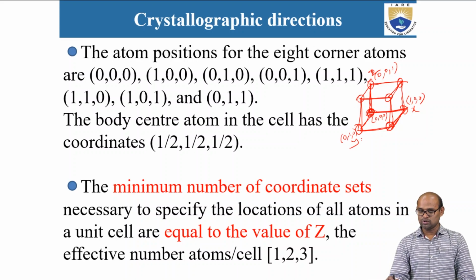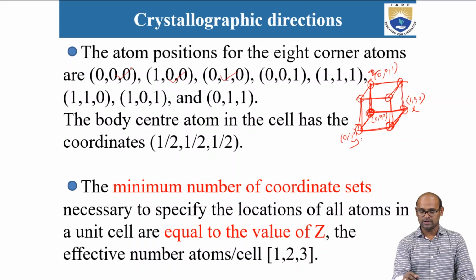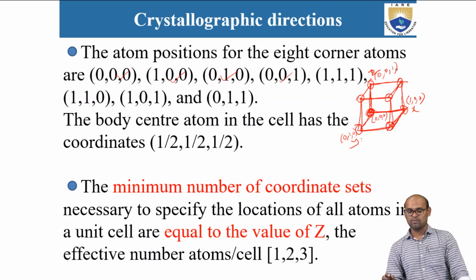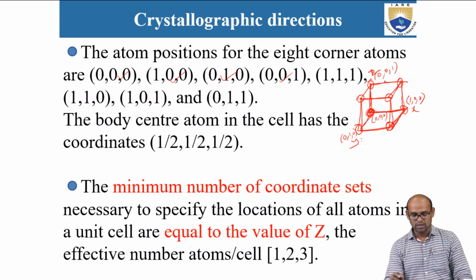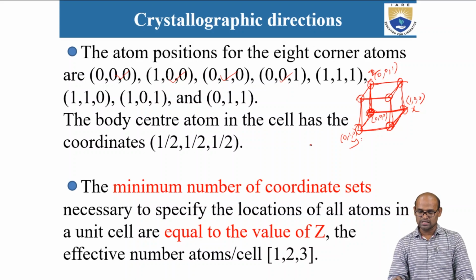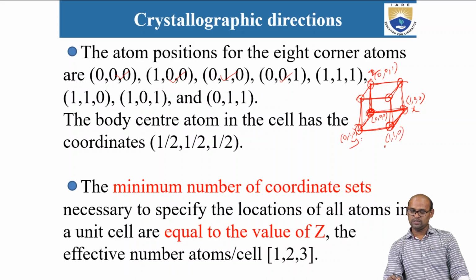So 0 0 0 we have written, and 1 0 0 we have done, and 0 1 0 we have done, and we have also done 0 comma 0 comma 1. So all these other atoms, like 1 comma 1 comma 0, that is the xy plane, so this is x and this is y, so this is 1 comma 1 comma 0, right?